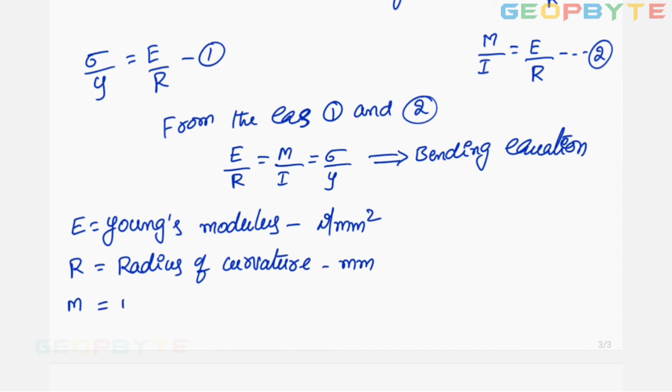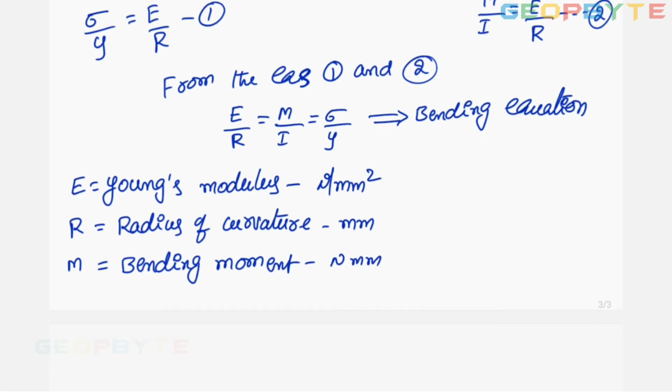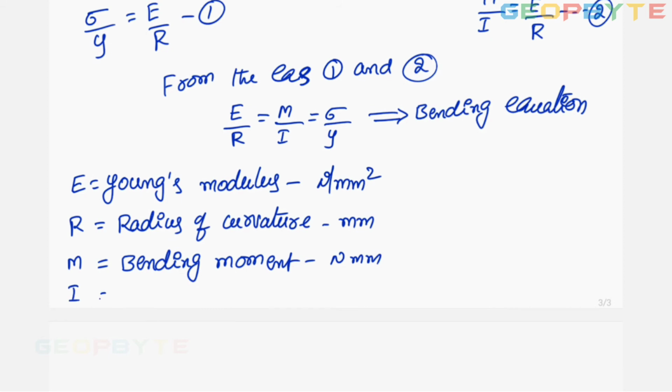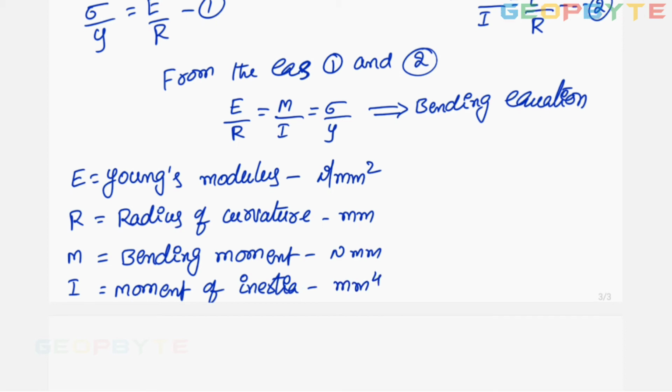M equals bending moment, may be in Newton mm. I equals moment of inertia, may be in mm power 4.